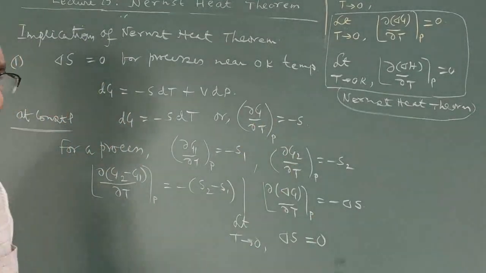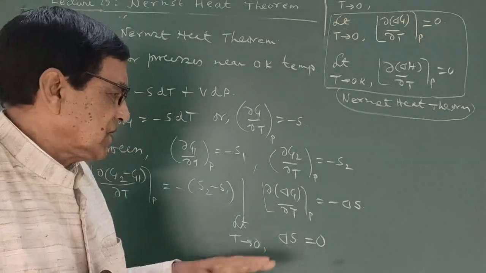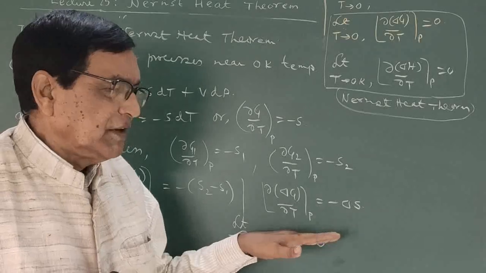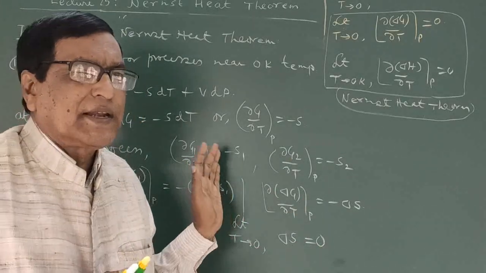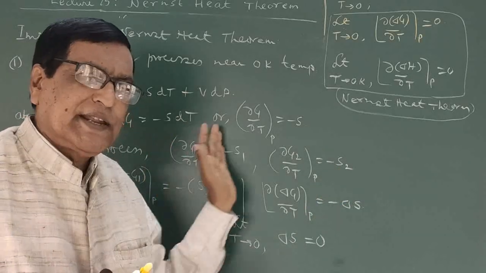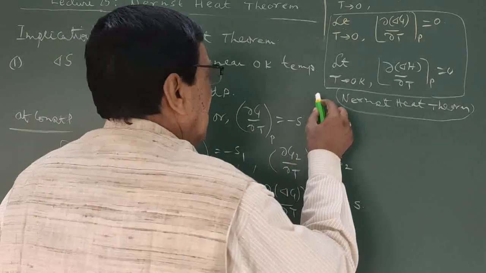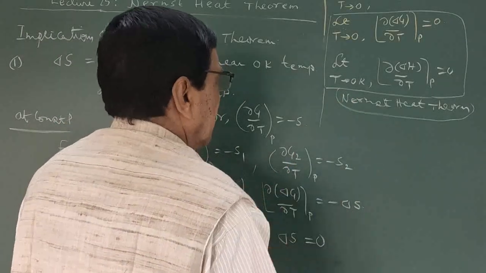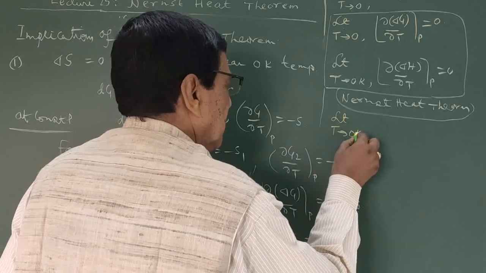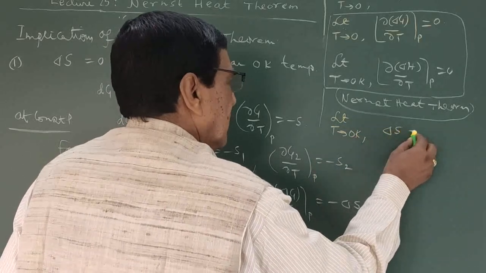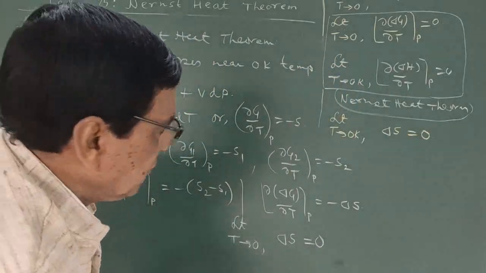It means that whenever the reaction or physical transformation occurs near 0 Kelvin temperature, there will be no entropy change between reactants and products, or between the initial state and final state. Entropy remains the same. So I can write here, limit T tends to 0 Kelvin, delta S equals 0. This is the consequence.